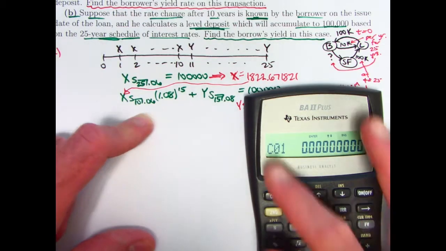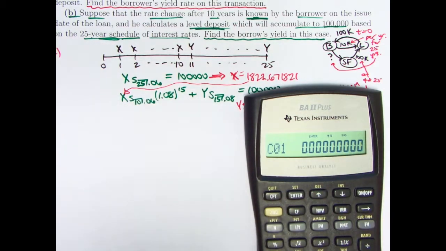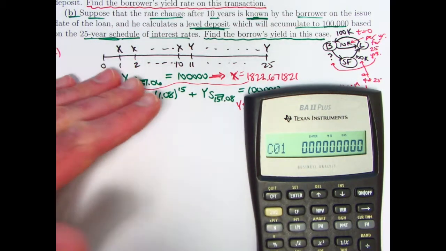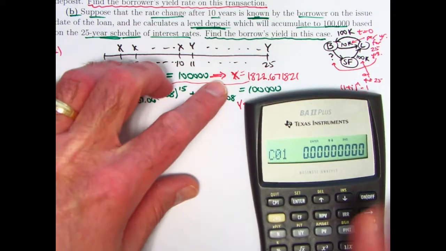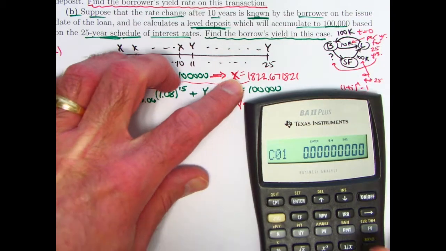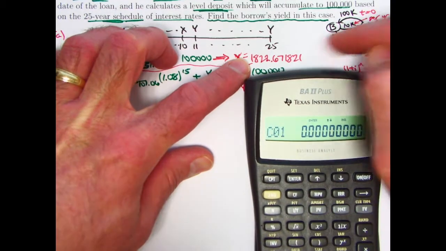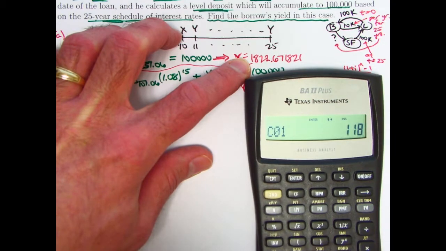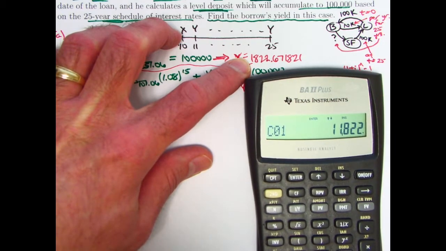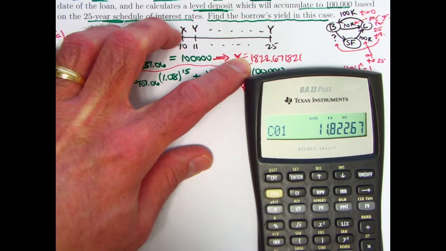Tab down. C01, in videos to this point where we've used the cash flow worksheet, we've just treated this as the first payment. However, you can treat it as the first 10 payments in this case. The x values plus 10,000 with a minus sign. 10,000 plus 1822 is going to be 11,822.6718.